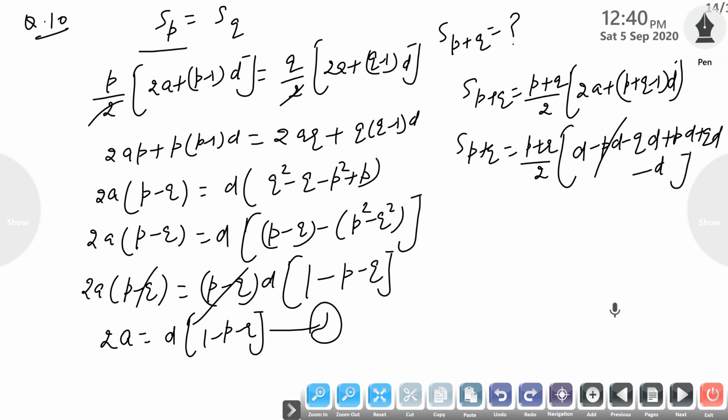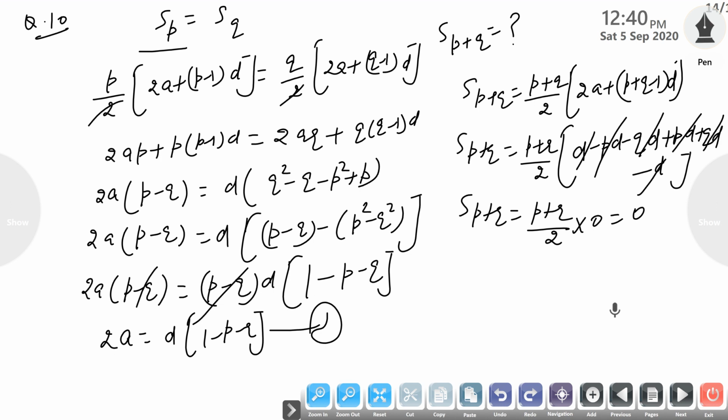Here pd minus pd cancels, qd minus qd cancels, and d minus d cancels. So S_{p+q} is (p plus q) by 2 into 0, that is equal to 0. So the sum of p plus q terms is 0.